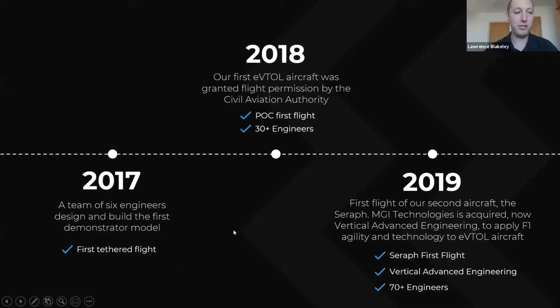We now call it VAX1, and that really was demonstrating that the technology, today's technology or 2017's technology, was good enough, and just good enough, but good enough for electric vertical takeoff and landing.